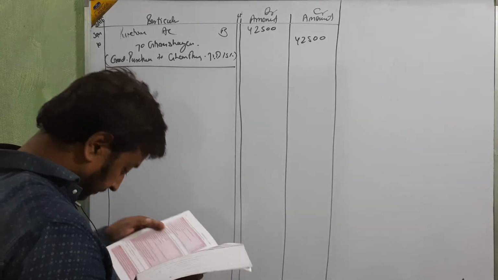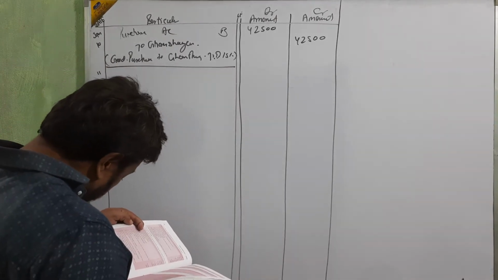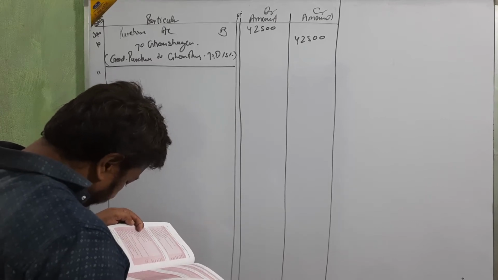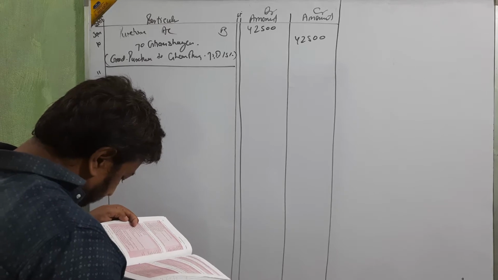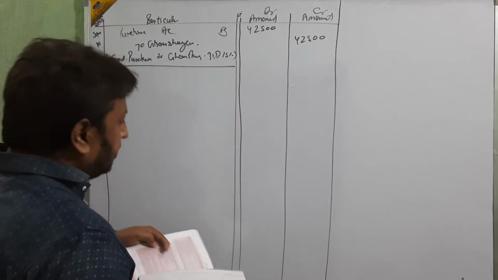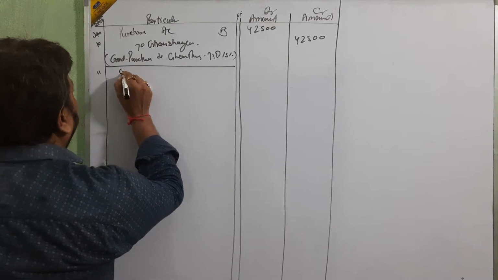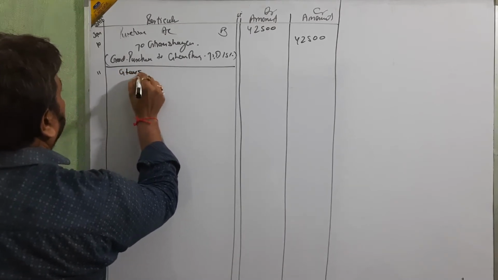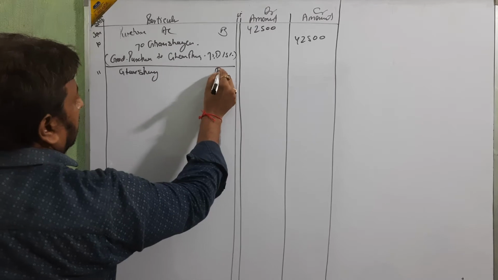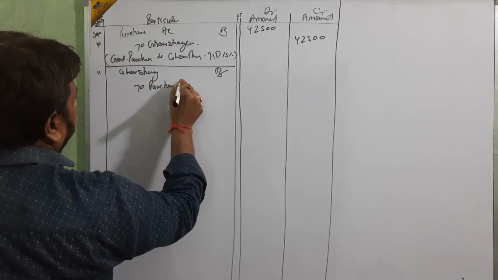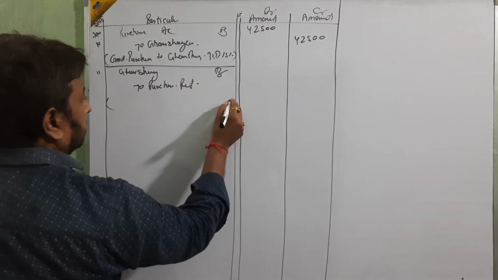11 January. Received return of goods to Ghanshyam at the list price of 2,000. We are going to return, which means purchase return, just the opposite. Ghanshyam debit to purchase return.